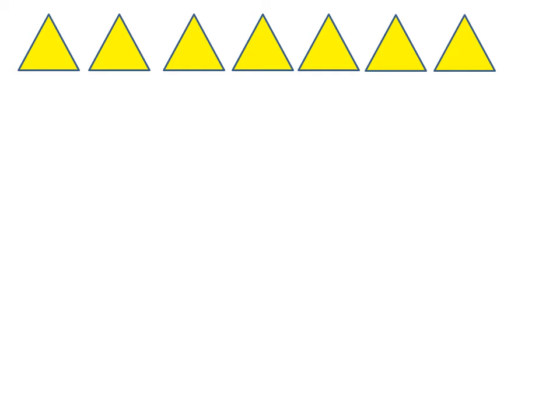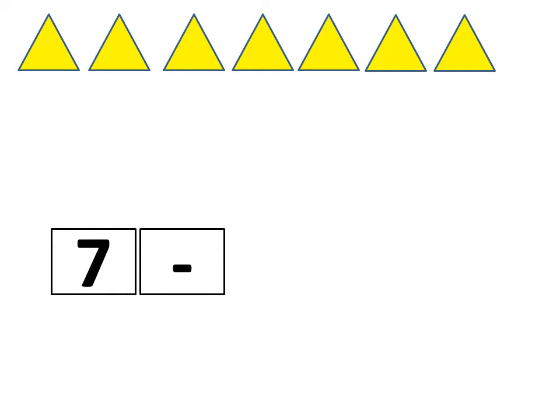Look at the triangles. How many triangles can you see? Very good. 7. And we have to remove or take away 4 triangles.